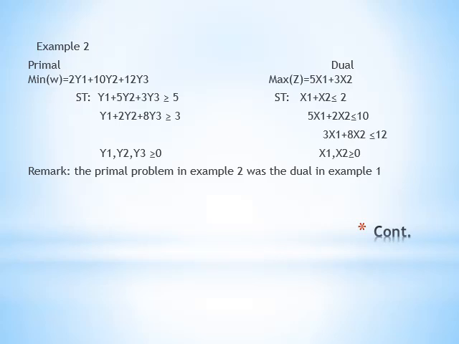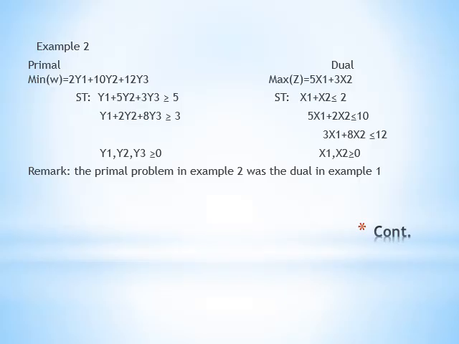The components of the primal are usually the objective function, main W, which is about minimization.